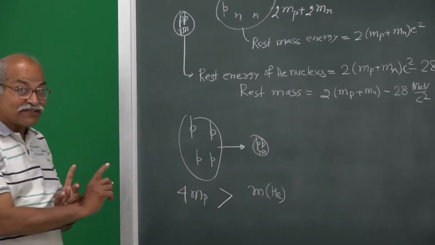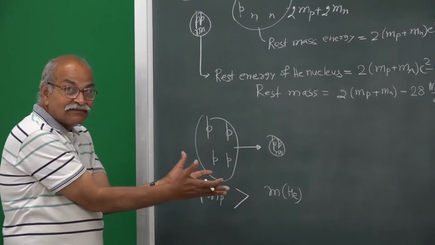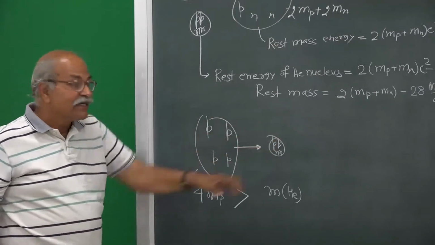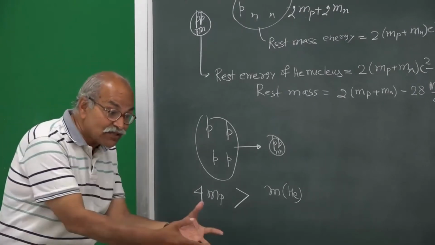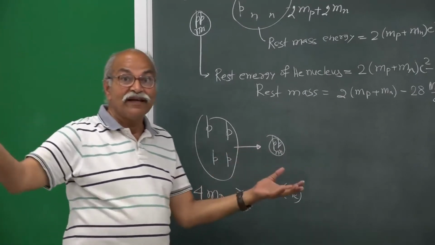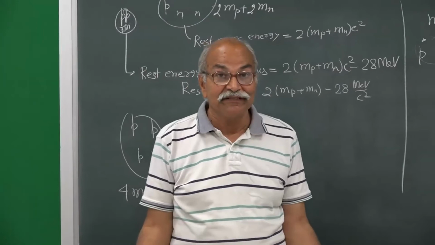And that difference, when the rest mass has decreased, the rest mass energy has decreased going from here to here. That decreased energy is radiated in the form of light and all those things, and that energy we get on our earth.